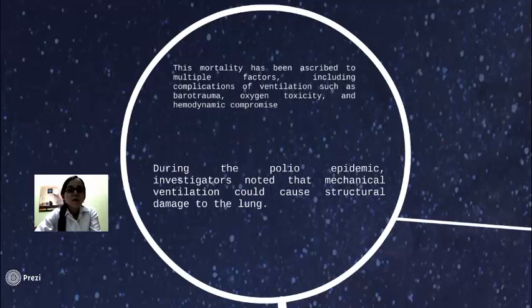This mortality has been ascribed to multiple factors, including complications of ventilation such as barotrauma, oxygen toxicity, and hemodynamic compromise. During the polio epidemic, investigators knew that mechanical ventilation could cause structural damage to the lung.